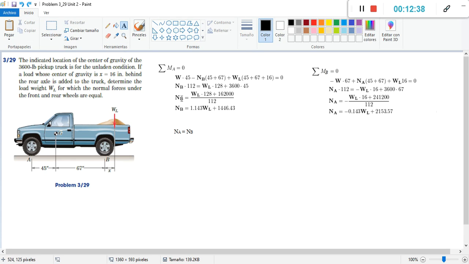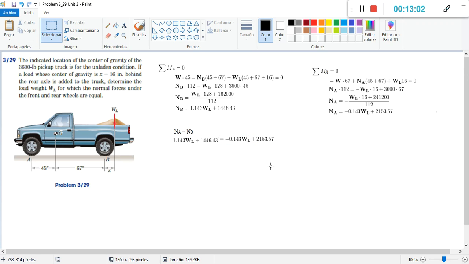This is going to put this again. So this is equal to this. And there we have, this is equal to this.